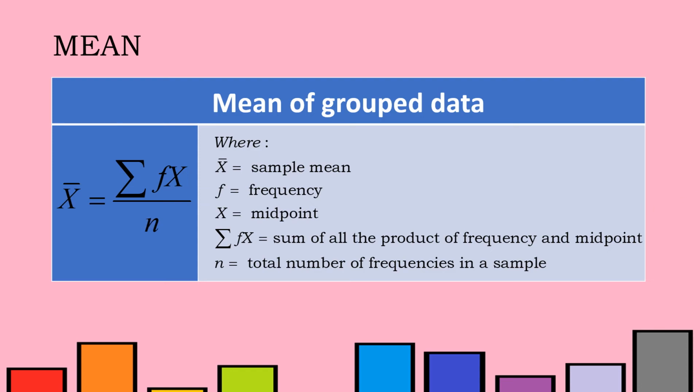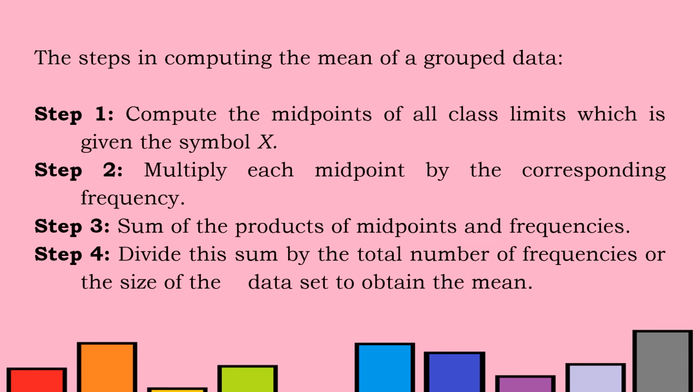So these are the steps in computing the mean of grouped data. Step 1 is already done, because we computed the midpoints of all class limits, which is given the symbol capital letter X.